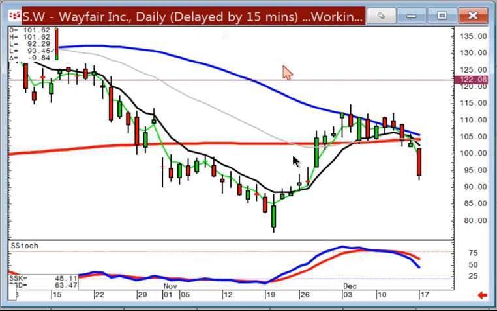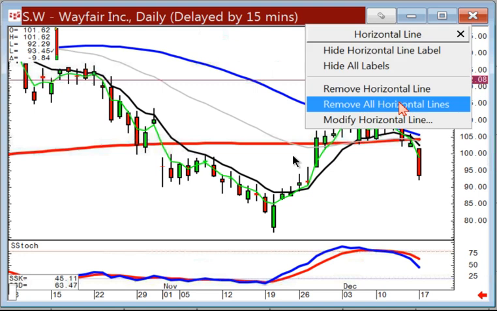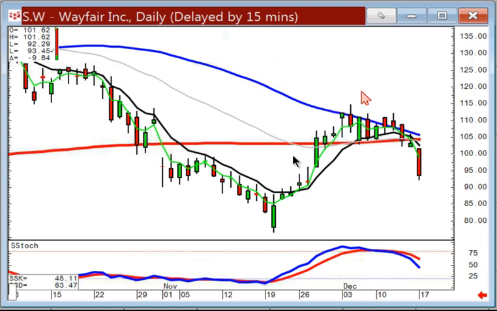For example, you could see that Wayfair was not getting up through the 50. And then notice when it opened lower today, what kind of signal we had, kind of a bearish doji sandwich slash little bearish trend kicker.